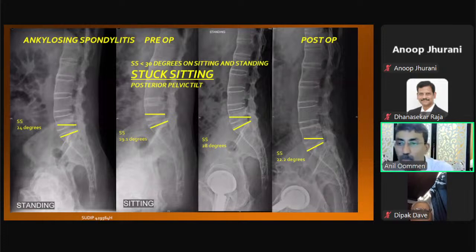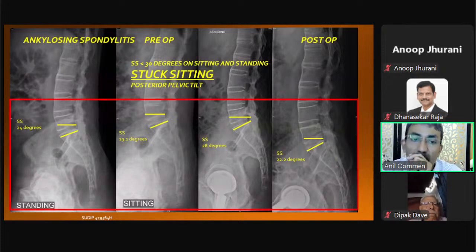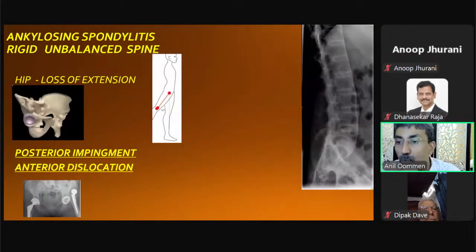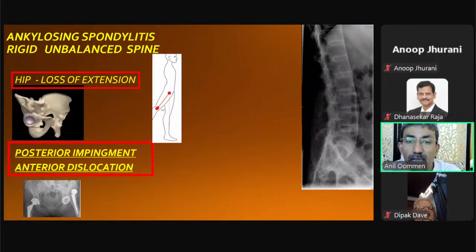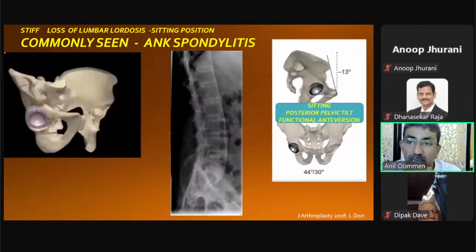And this is a particular group of patients that have a persistent posterior pelvic tilt, and they are referred to as stuck sitting individuals. What happens in these situations, if you don't pay particular attention to the anteversion, technically there's a loss of hip extension. They could have a posterior impingement and what is called an anterior dislocation. And this is what we have to bear in mind if we do not pay attention to the anteversion and inclination.